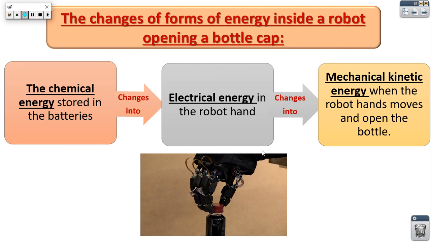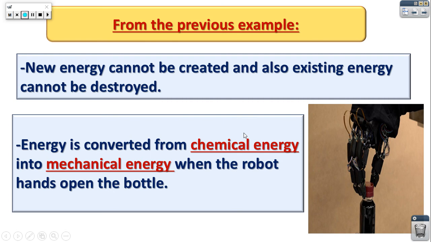So when the robot starts to open the bottle cap, the chemical energy stored in the batteries changes into electrical energy, and this electrical energy changes into mechanical or kinetic energy when the robot starts to move its hand. From this example, we also know that new energy cannot be created and also existing energy cannot be destroyed.